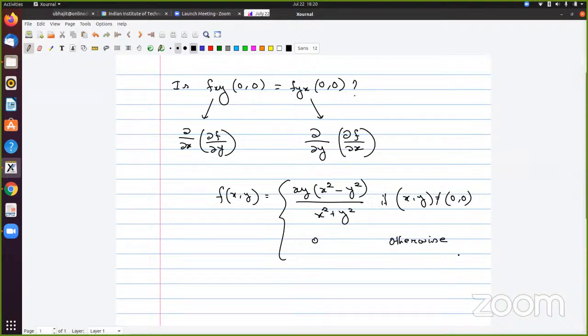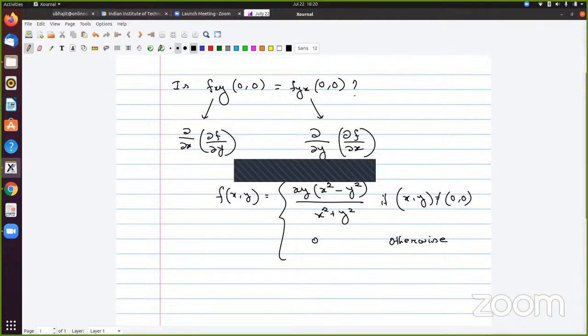Sir, in the second step, f_xy should be f_x with respect to y. For f_xy, first we have to take the derivative with respect to x, and then its derivative with respect to y.